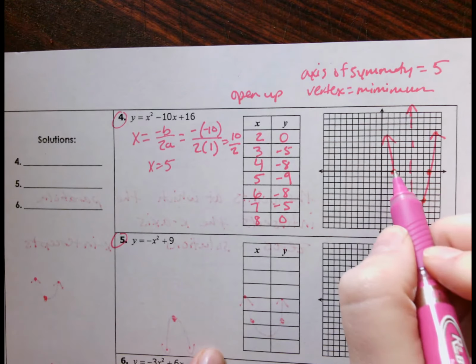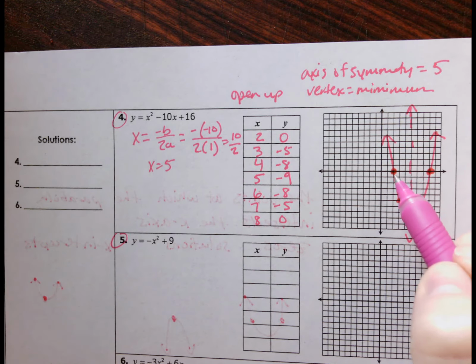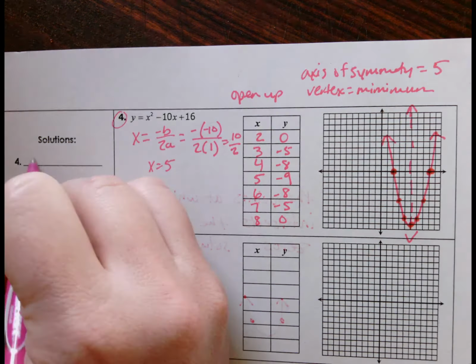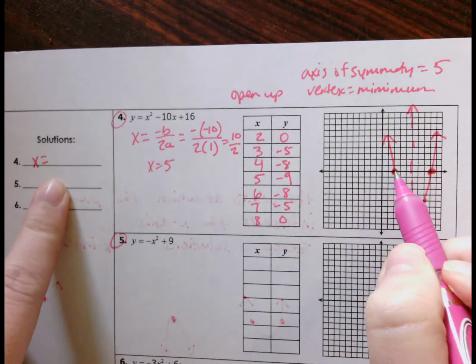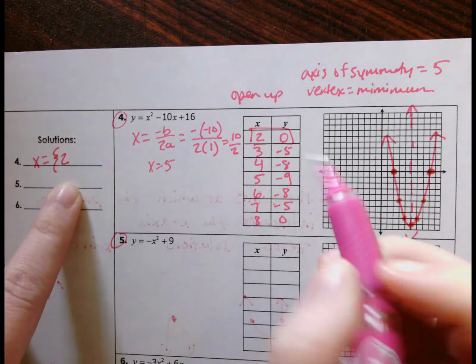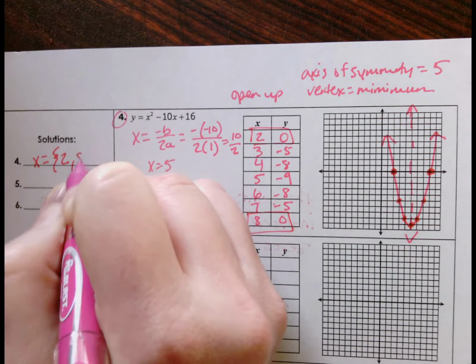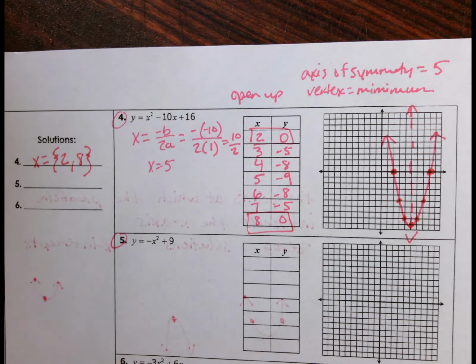And this one has a root here and here, okay? So we notice that x is equal to 2 and x is equal to 8 in this case. That's the place where these cross.